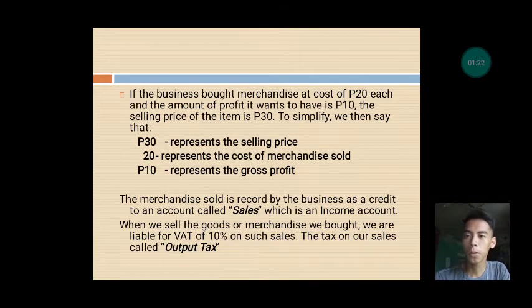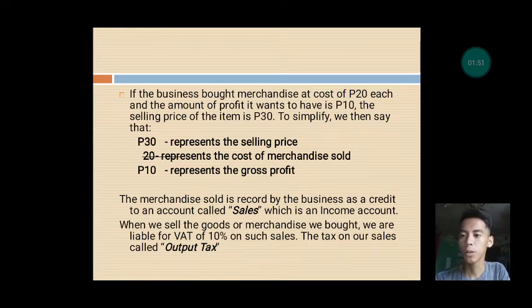If the business bought merchandise at a cost of 20 pesos each and the amount of profit is 10 pesos, the selling price of the item is 30 pesos. To simplify, we say that 30 pesos represents the selling price, 20 pesos represents the cost of merchandise sold, and the 10 pesos represents the gross profit.